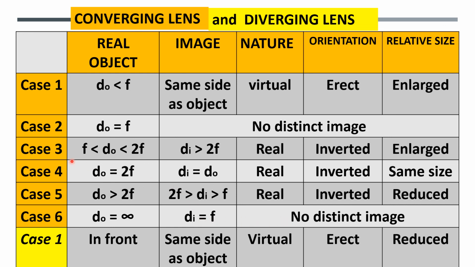But all the rest, case 3, case 4, case 5, there will be certain images formed, and most of the images formed by a converging lens are real, and they are inverted, but they vary in terms of size. There are cases, case 4 for example, where the image is of the same size as the object.